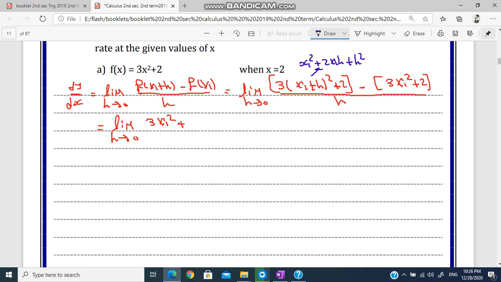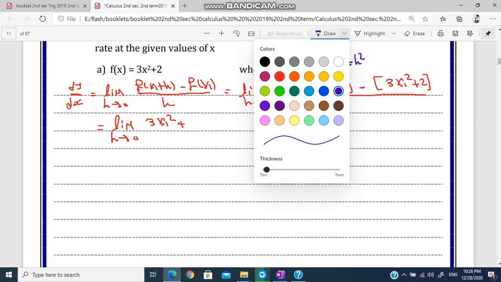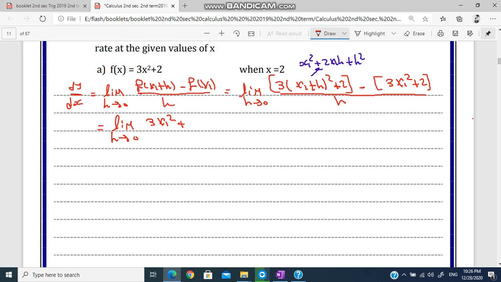Multiplying by 3, so 3 x1 power 2 plus 6 x1 h plus 3h power 2 plus 2 minus 3 x1 power 2 minus 2 all over h.